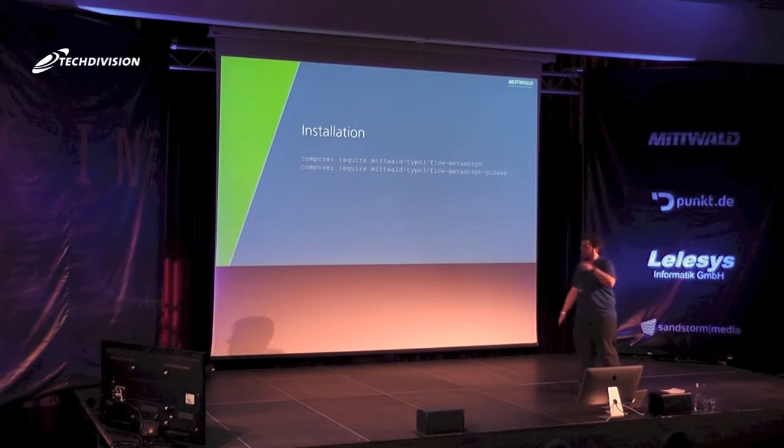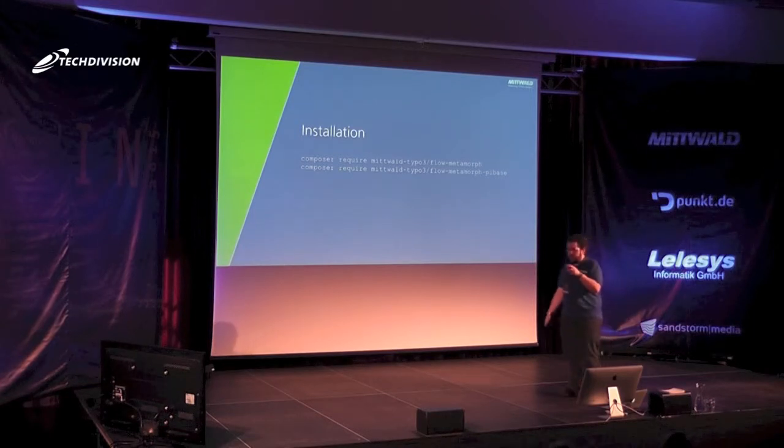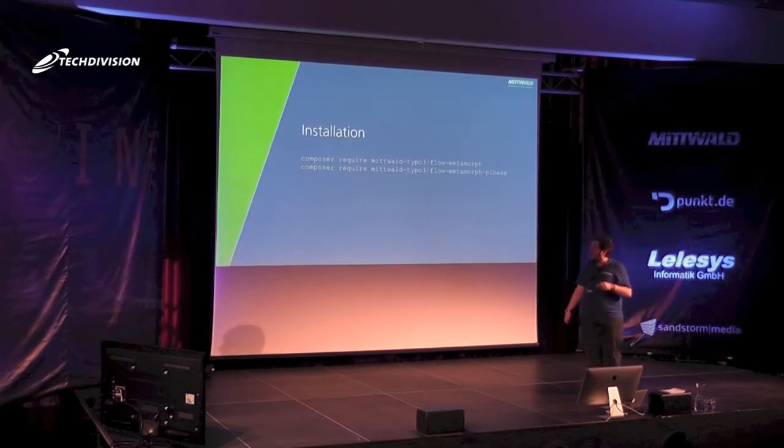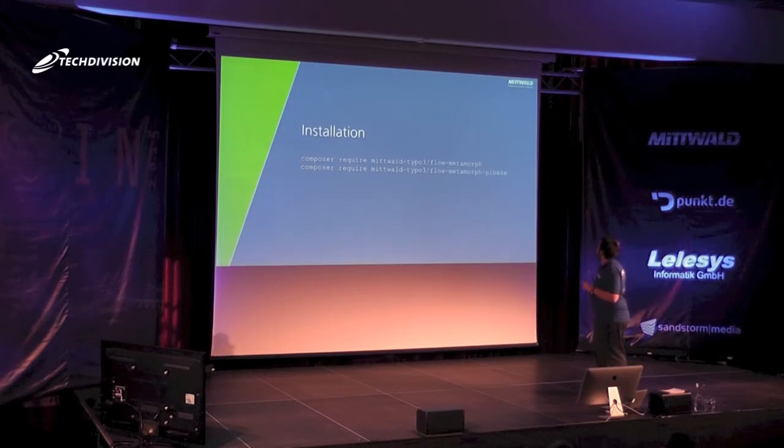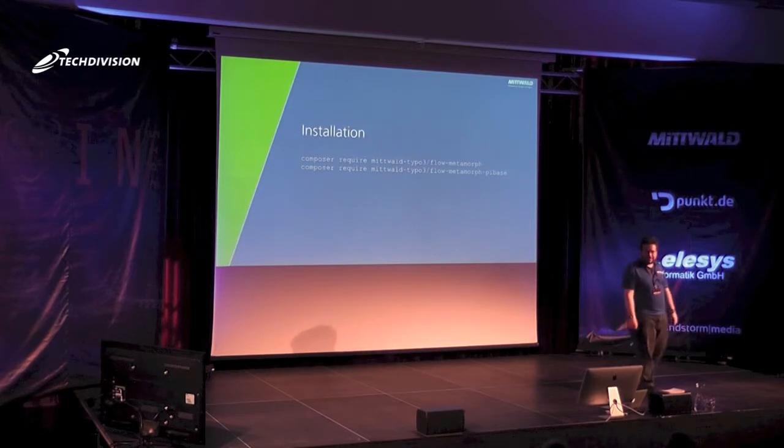And the principle behind it is that you can migrate CMS code into the Flow instance that you are currently running. And now that I see this slide, I remember that I don't think that this second package actually exists on Packagist.